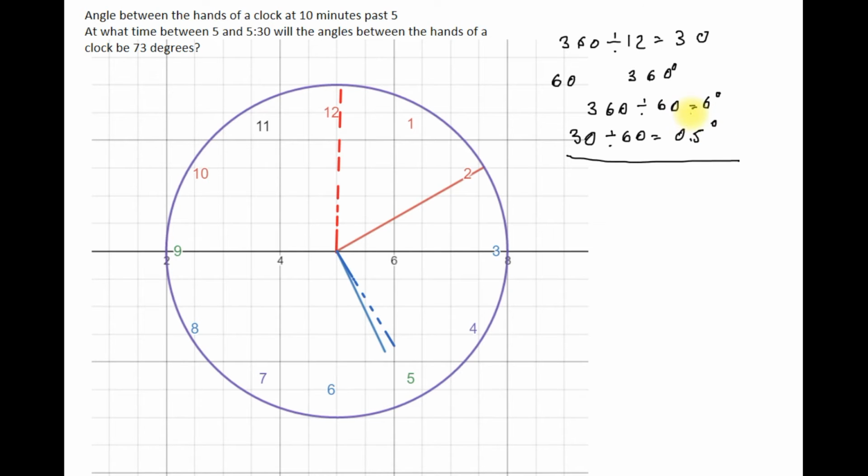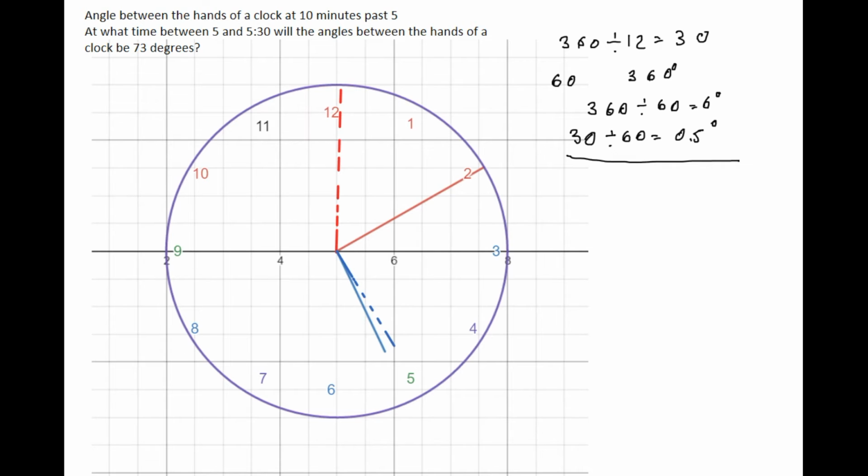So now we want to find out what is the angle between the two hands at 10 minutes past 5. Now, the dotted lines show where the hands were at exactly 5, and the full lines show where the hands are at 10 minutes past.